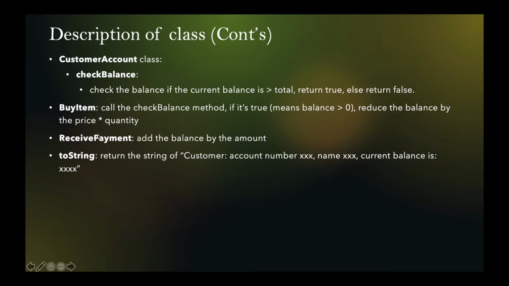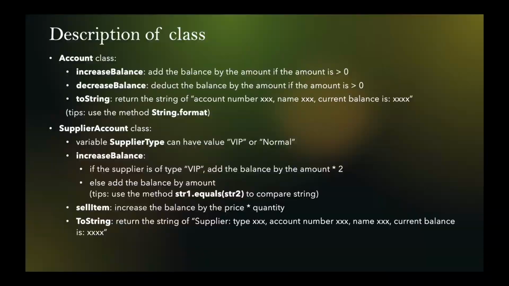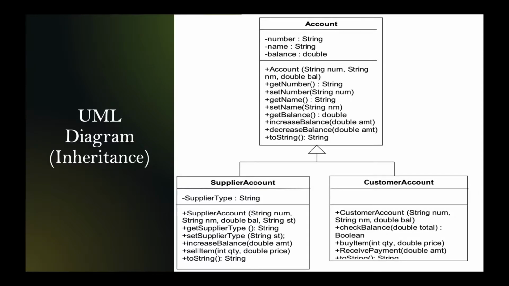So this is the more detailed description of this UML diagram, right? So now let us do it step by step. We should start with the account class. We are going to create this account class first.